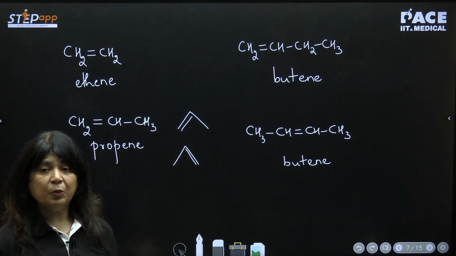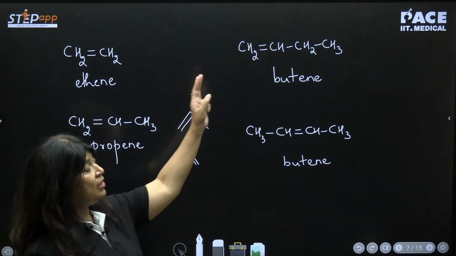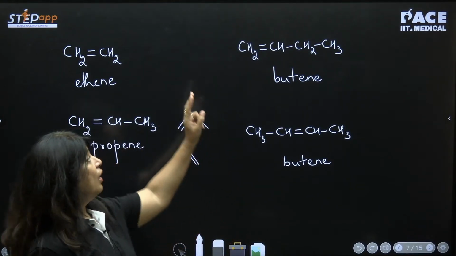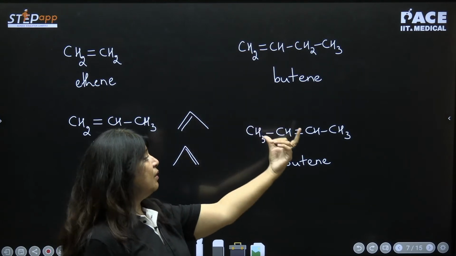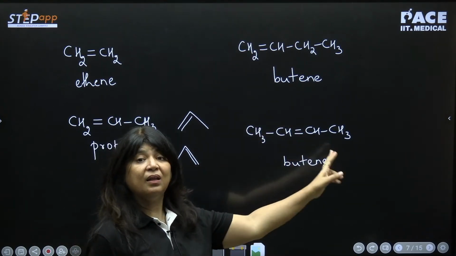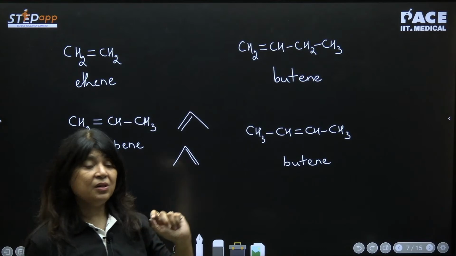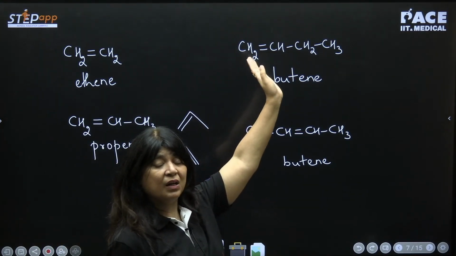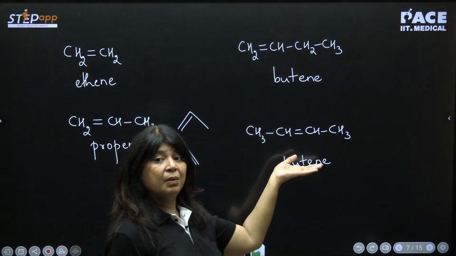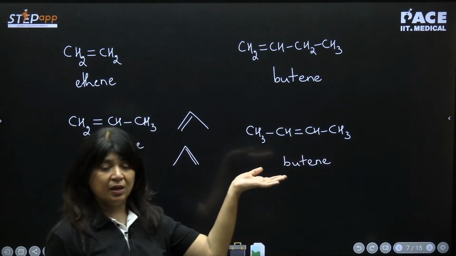So this is also butene. But I can see they have a difference in their structure. Here the double bond is present on the terminal carbon, but here the double bond is present in between the carbon chain.